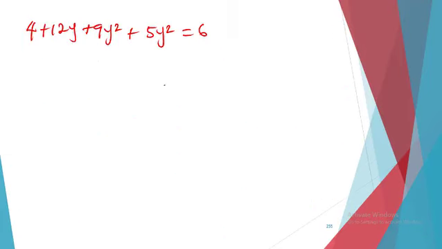By collecting like terms, we then have 4 plus 12y, 9y squared plus 5y squared will give us plus 14y squared to be equal to 6.